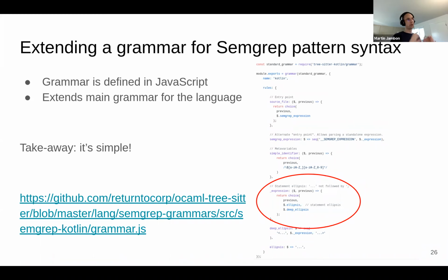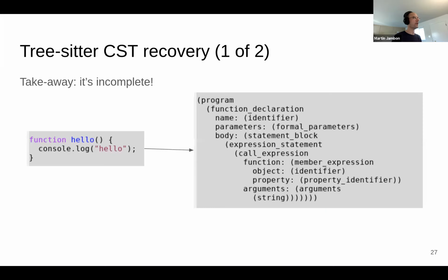We want that to be well typed in OCaml, so we have some machinery to make sure this happens. And this is a bit of what I'm showing here. If we run the TreeSitter parser using the TreeSitter tools for this simple Hello program, here's what we get.